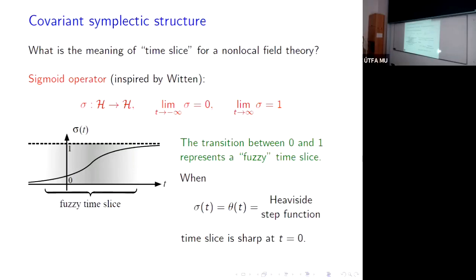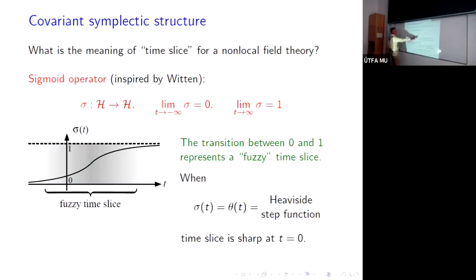Now we're getting to this question: what is the meaning of a time slice in a non-local field theory? The way we conceptualize what a time slice is is inspired by an idea of Witten. The idea is to introduce an operator on a vector space H, which we call the sigmoid operator. It takes H into H, and it satisfies some boundary conditions as a function of time.